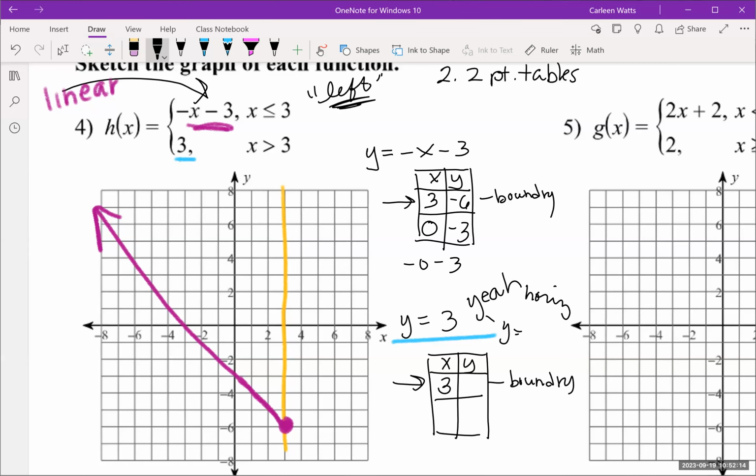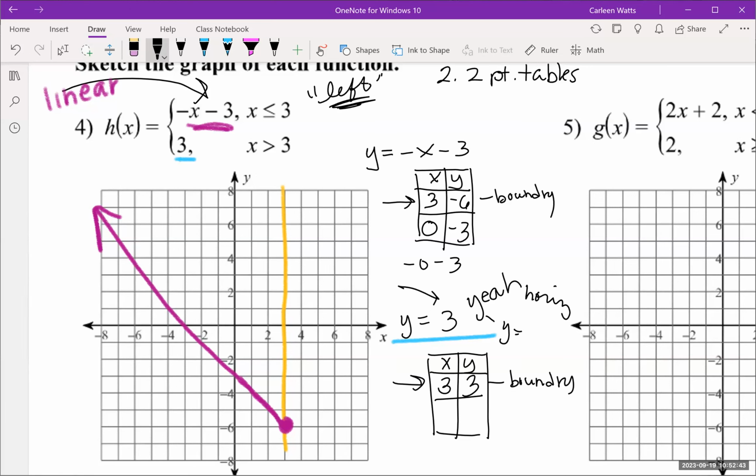Ah, that's a horizontal line. Okay, so here's my boundary number. When x is 3, what is y? 3. Oh, because there's no x. You're not actually plugging in.